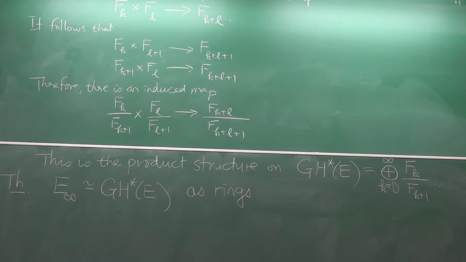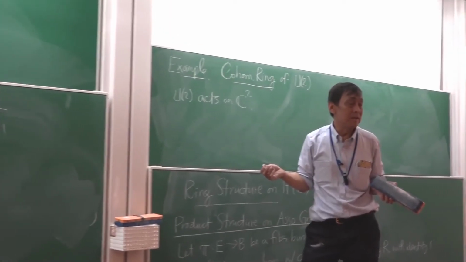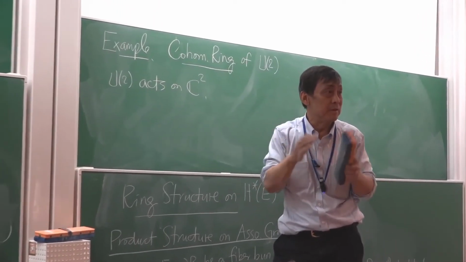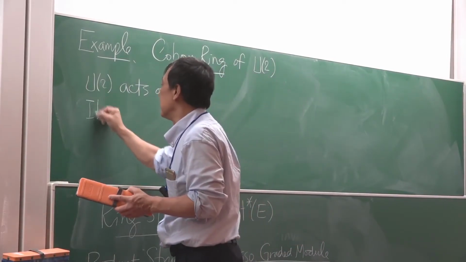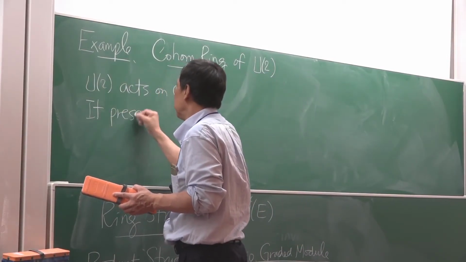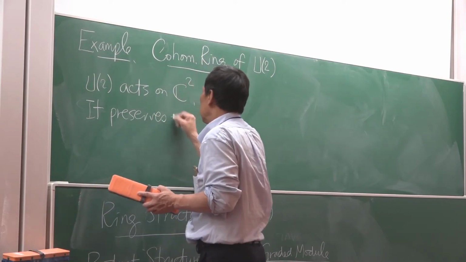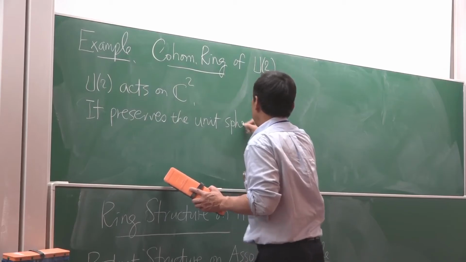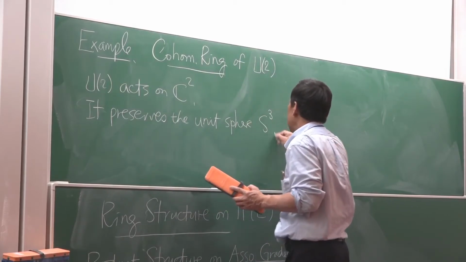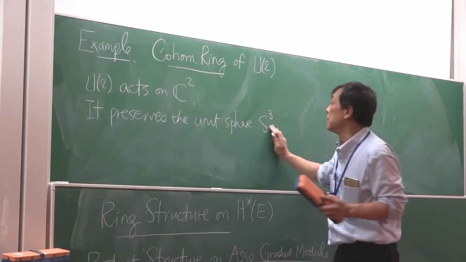Okay, so U2 acts on C2 by multiplication, and it preserves the Hermitian inner product, so it preserves the unit sphere S3 in C2.